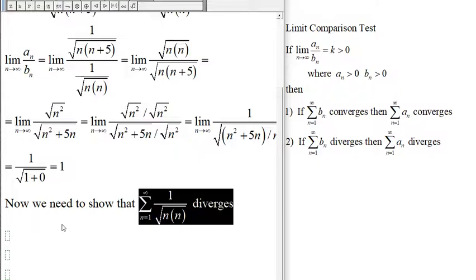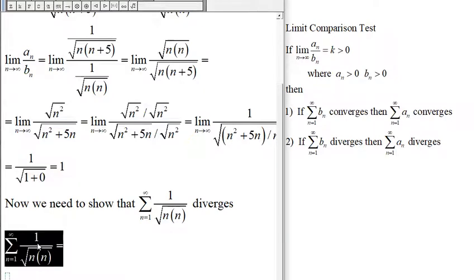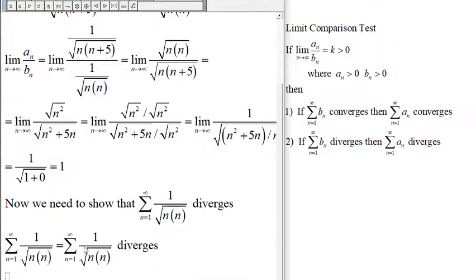This series right here, this will be n squared. n times n is n squared, and the square root of n squared is just n. So it is 1 over n. And this is a harmonic series. And it diverges.